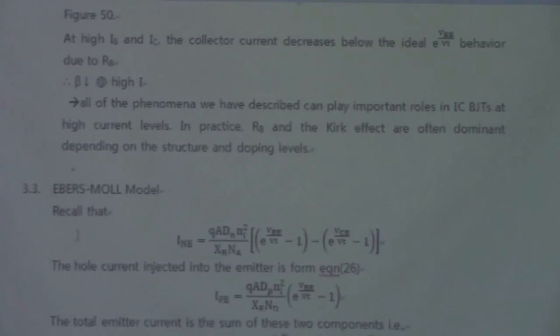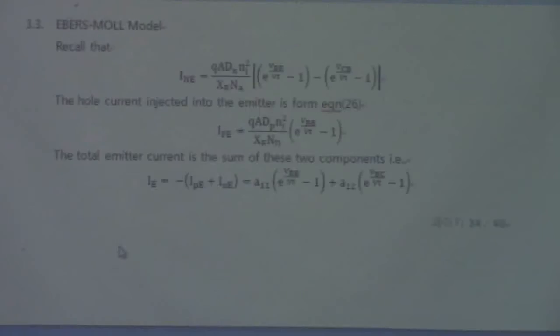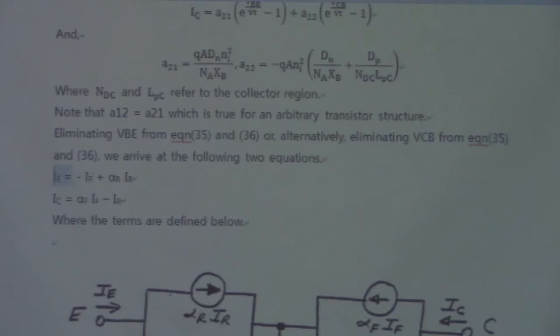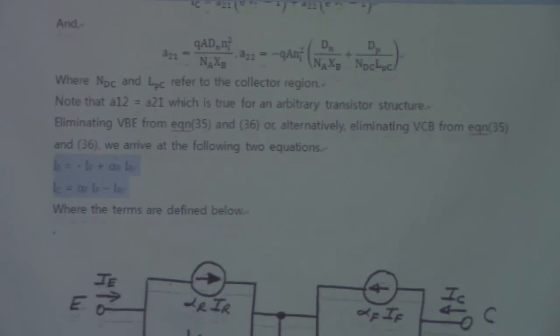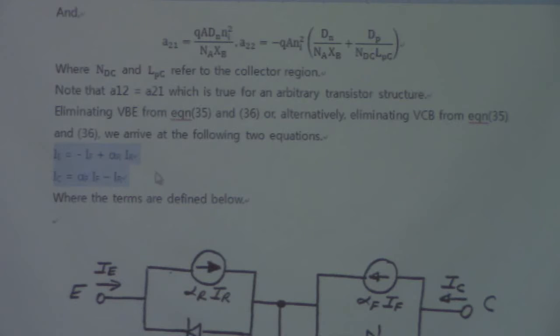Now the next topic is the Ebers-Moll model, and this is nothing but a derivation of the terminal current. This is the final equation that you can get from this Ebers-Moll model. This alpha is something like the gain beta that you have been using formerly.